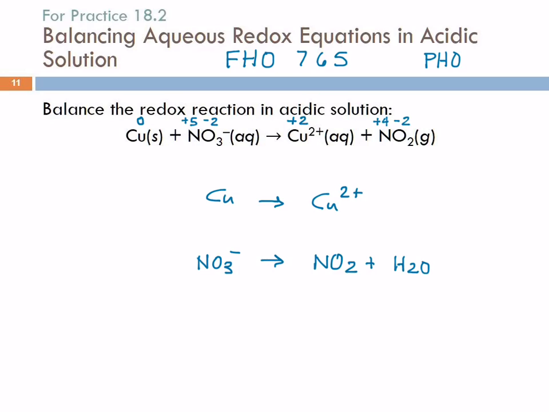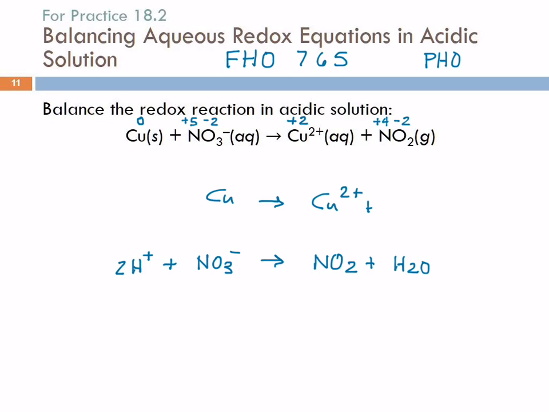And then how do I balance the hydrogen? H plus, right? So I'll add H plus to this side, and I need 2 of those. The next thing is to balance by charge.